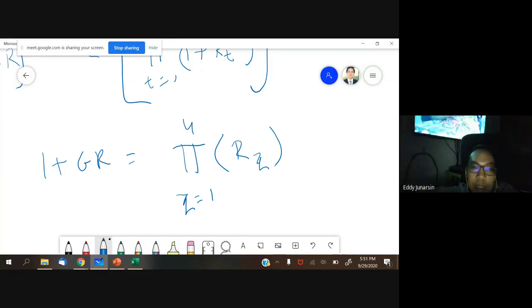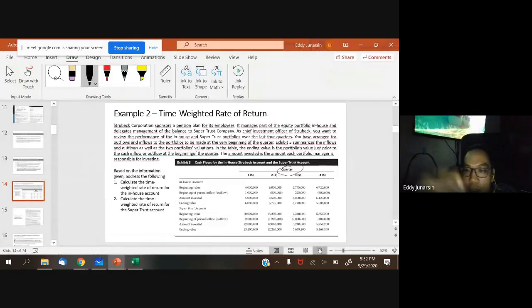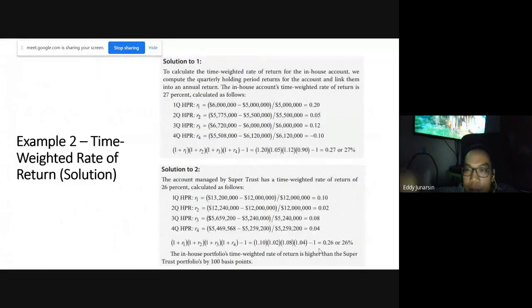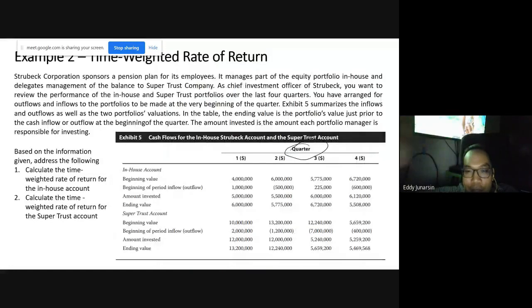You don't need to do the power of 1/4 because this is within a year. You understand what I'm saying, right? So it's within a year, you don't need any power, and of course you move the 1 here. So we got what? 27%. Yeah, 27%.